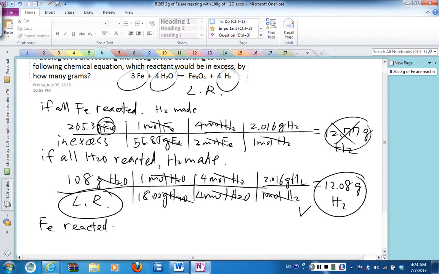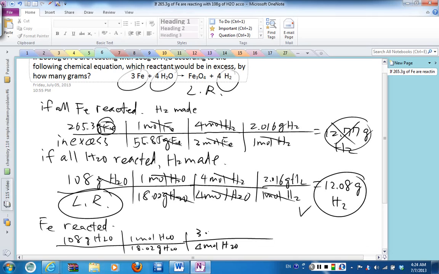I already know I have 108 grams of water, and that's completely reacted. 18.02 grams of water per 1 mole of water, and they react with a 4 mole of water per 3 mole of iron ratio.